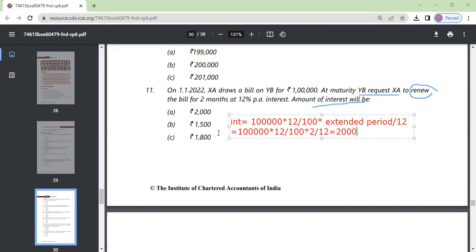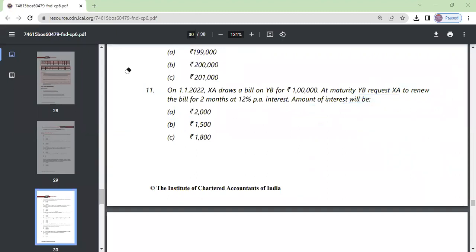This 2000 is interest. So this 2000 is a gain to drawer, loss to drawee. The question is amount of interest will be 2000. What is the option? Option A. Very clear?